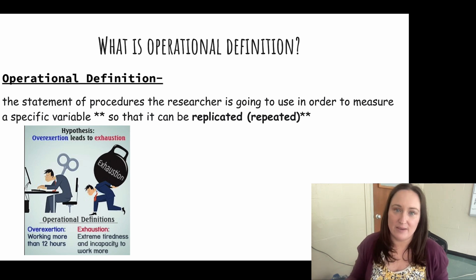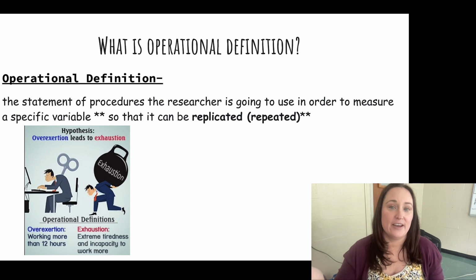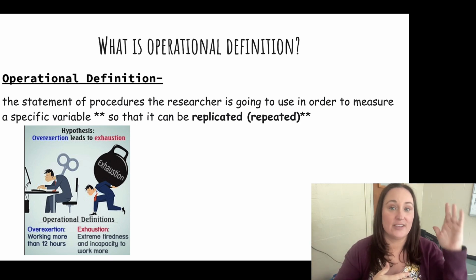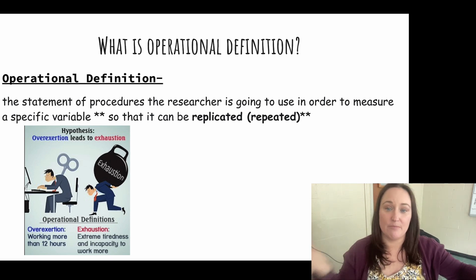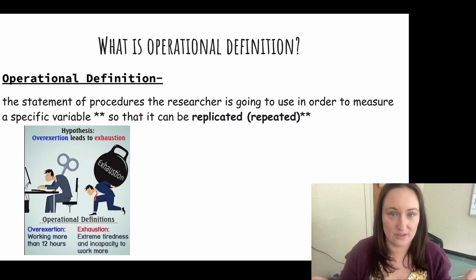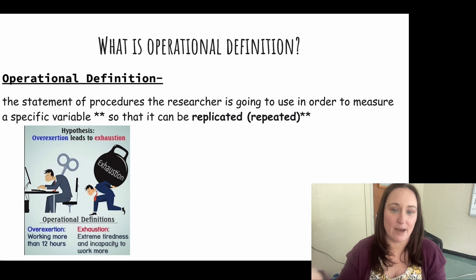And just a little tip that I would write down, if it's something abstract like happiness, I would say for an operational definition that the participants rated their happiness on a scale of, let's say, 1 being the most unhappy to 7 being the most happy. That is a clear, measurable way to operationally define happiness.